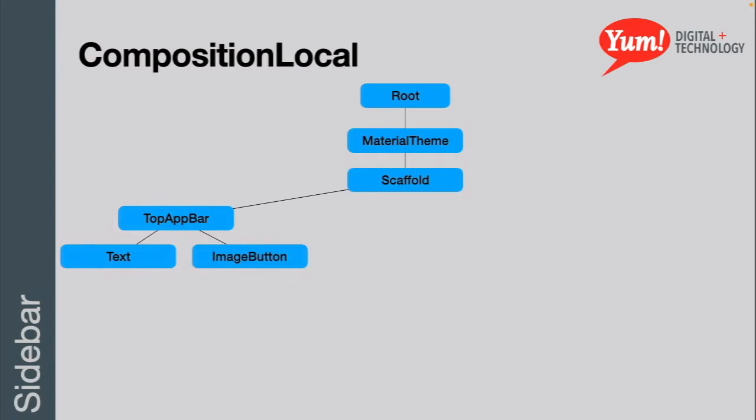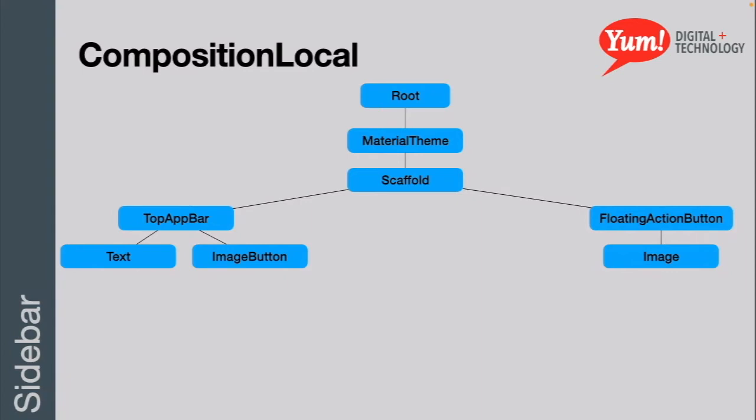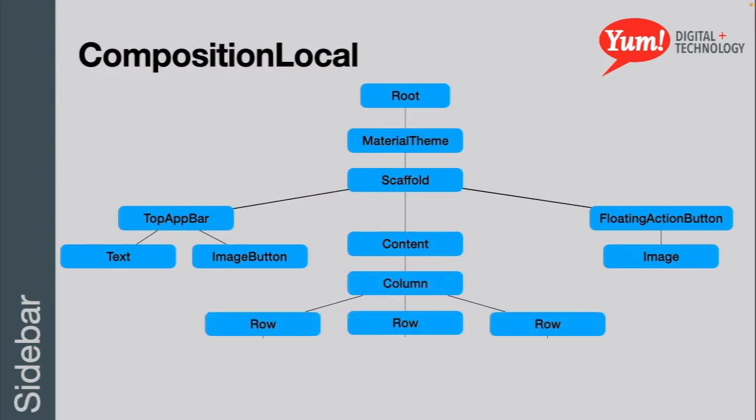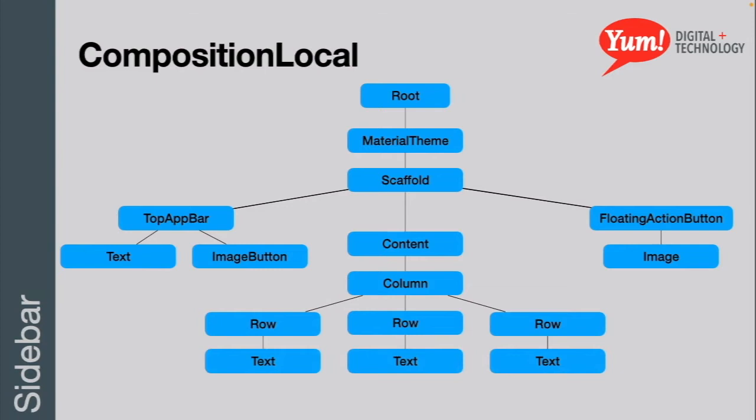You have the top app bar, which has text and image button composables within it. You have your floating action button, which really has an image inside it as the icon. And then we've got our content, which might just be a layout or a box, something like that. And then within there, we have a column that has a bunch of rows and text. So this is how our screen breaks down into a tree, which is what Compose can deal with.